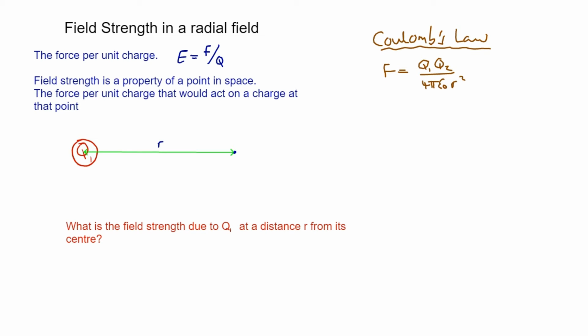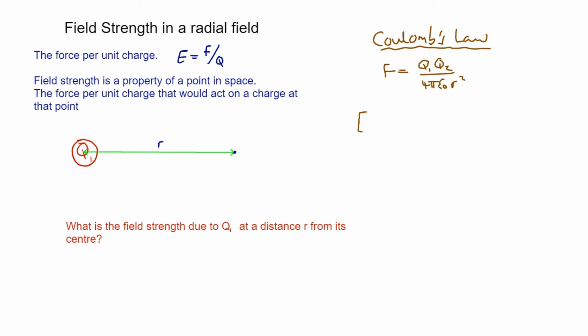Now, if I put a charge of value Q2 just there, then we actually know the force that would act on it is given by Coulomb's law. This is a law that has been discovered by experiment. But that gives us a way to go backwards and find an expression for electric field strength, because we know that field strength is the force per unit charge.